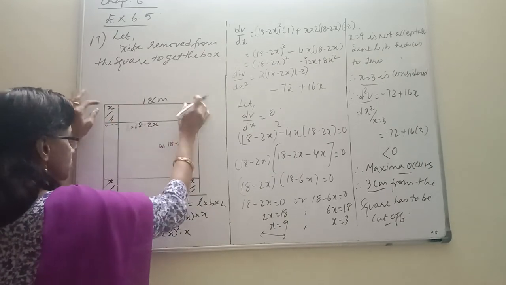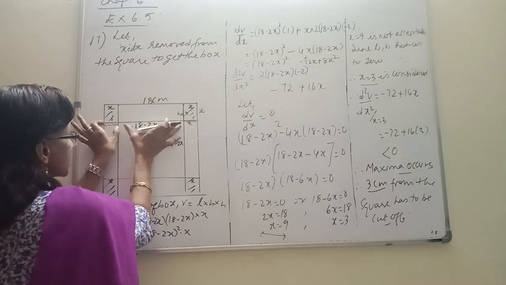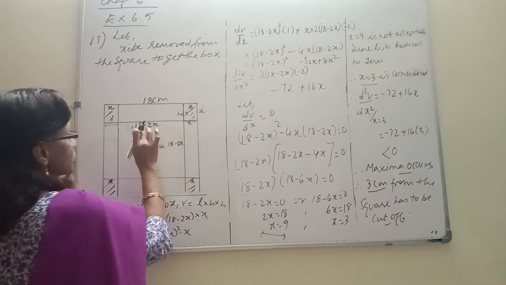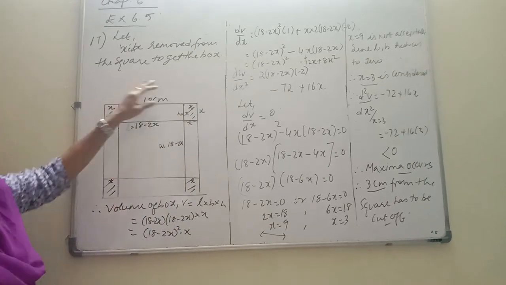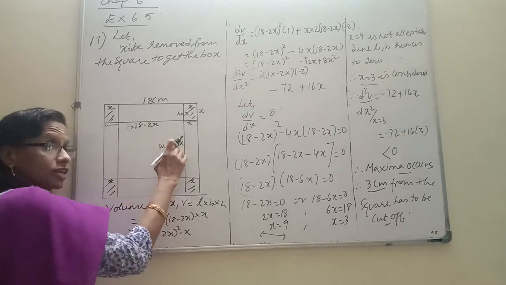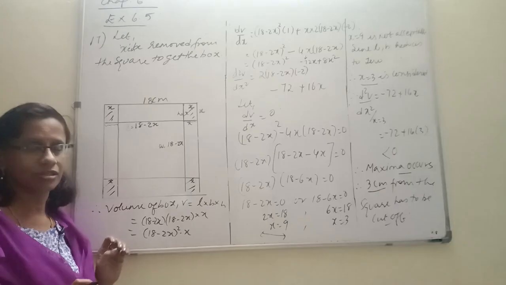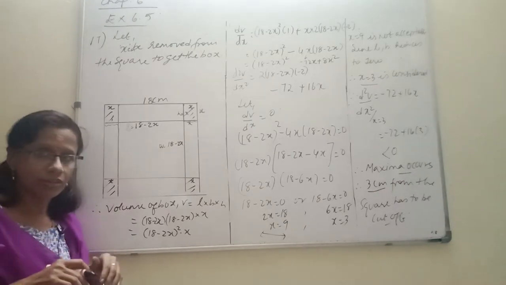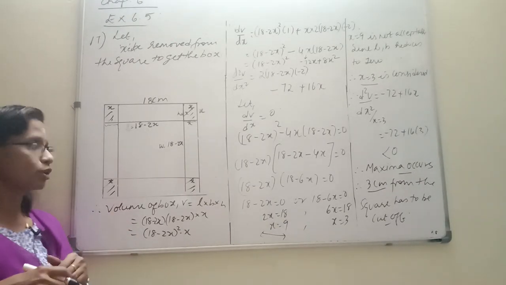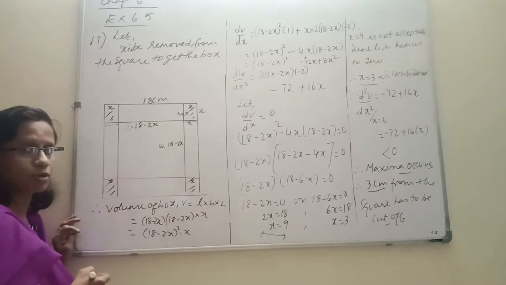When you look at this length, we have only this part; this and this is removed out of the total 18. So it is 18 minus 2x. Because it's a square, the same thing happens here. So length is 18 minus 2x, width is 18 minus 2x, and height is x for the box. Since we have to concentrate on the volume, let's go on to the volume. The volume of the box is the product of length, width, and height.